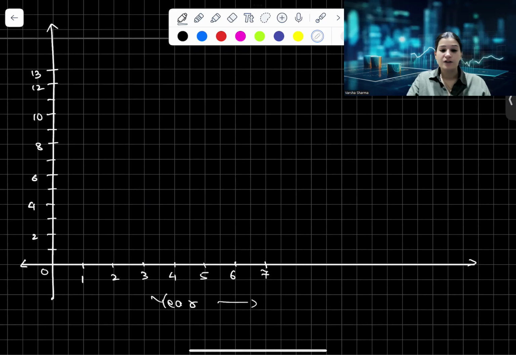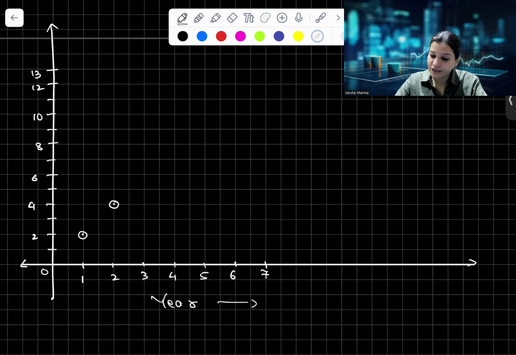So let's plot. For year 1, we had 2. Place it by a dot. Year 2, the value was 4. Year 3, the value was 5. Year 4, the value was 7. Year 5, the value was 8. Year 6, the value was 10.